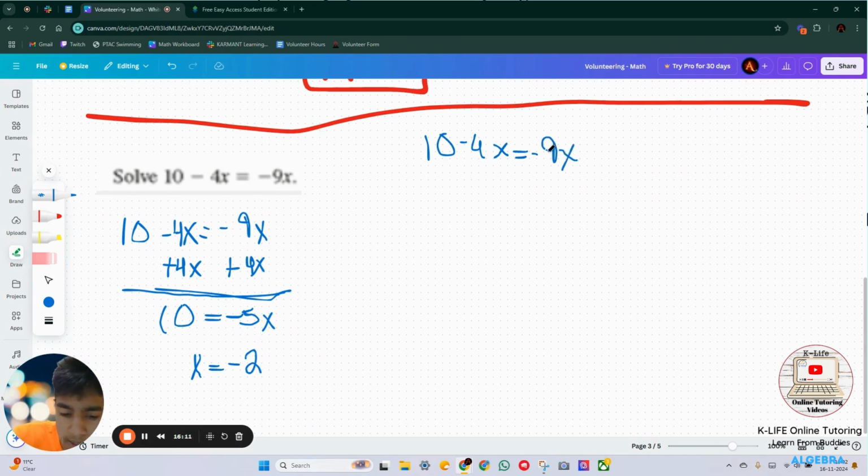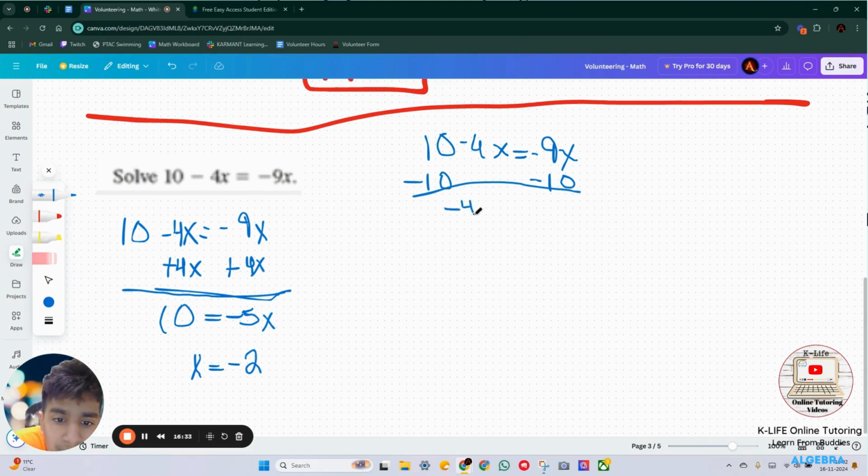But in this step, we were going to make our variable term positive. If I want to do that, I would subtract 10 on both sides first because I want to leave negative 4x alone, right? That's my goal, or part of your goal, actually.